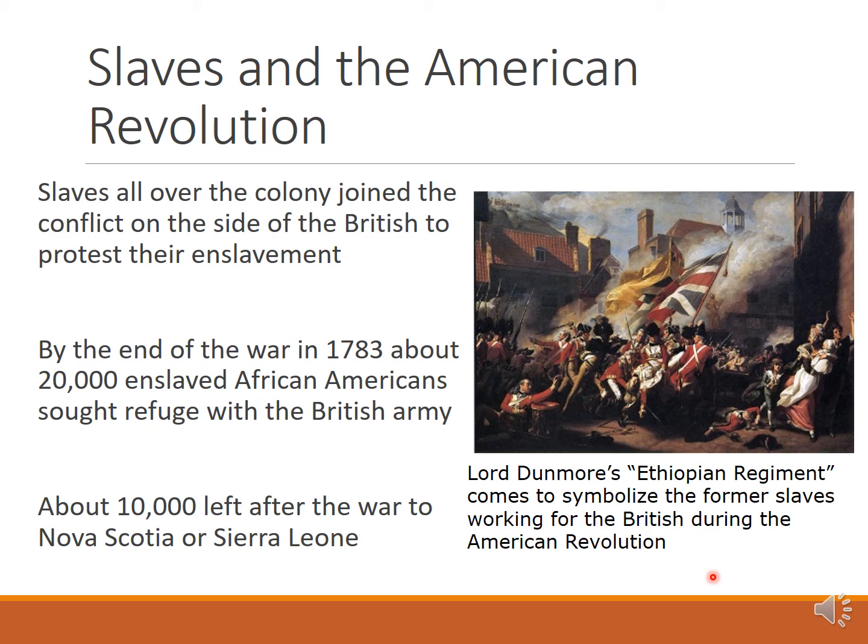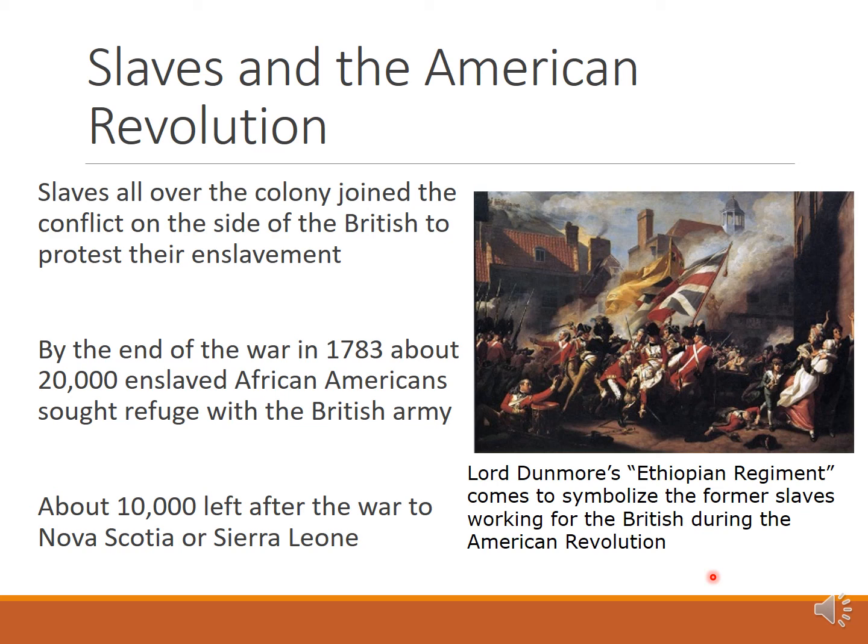And basically, how the British did this is they promised the slaves that served in their army freedom after they had carried out their service. So by the end of the war, about 10,000 of these American slaves will leave the American colonies and they will be taken to Nova Scotia up in Canada and also Sierra Leone over in Africa.